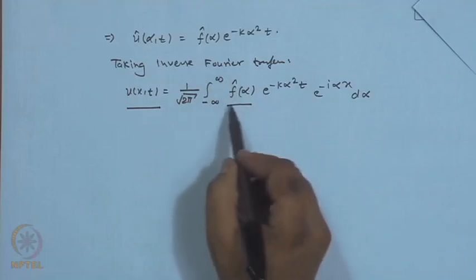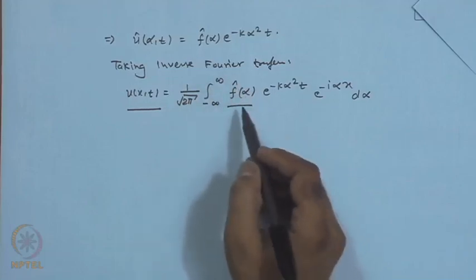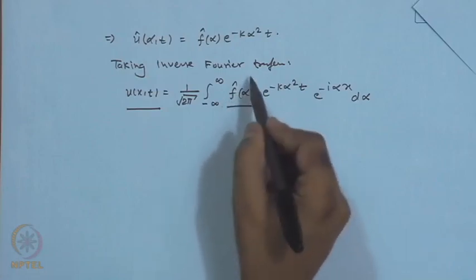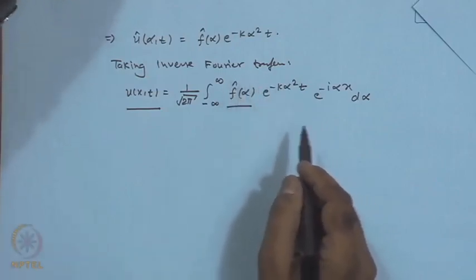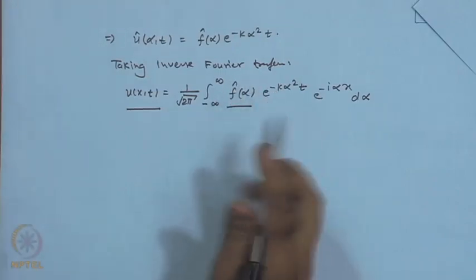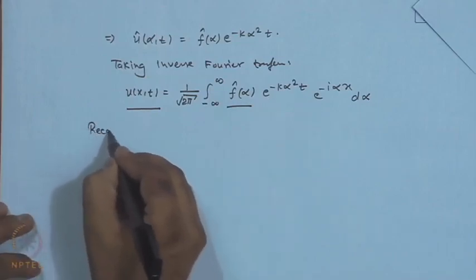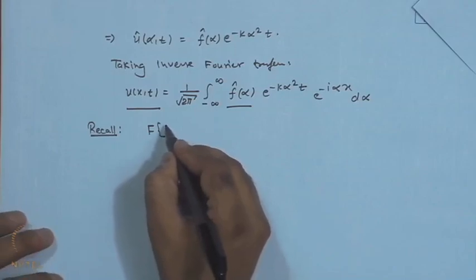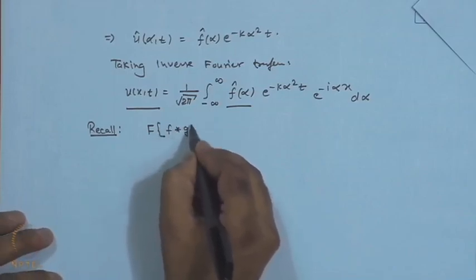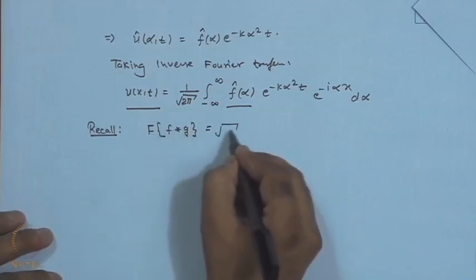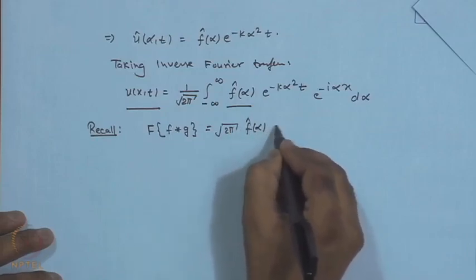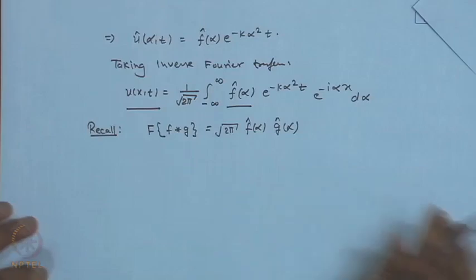We may have the initial condition because that is given already, but we should not expect to have its Fourier transform. So, in order to avoid this, just recall the convolution theorem. We had the Fourier transform of f star g equal to square root of 2 pi times f hat(alpha) and g hat(alpha).